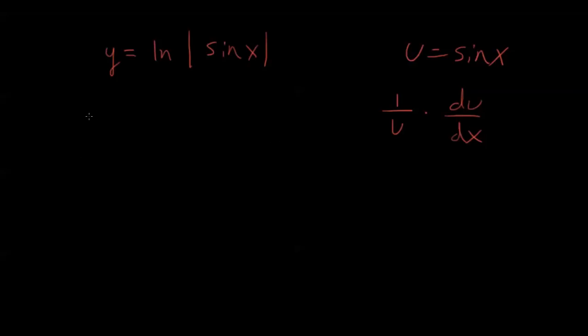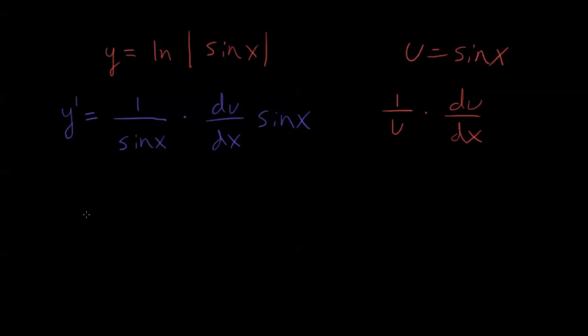We can simply write y prime is equal to 1 over sine of x times du over dx of the sine of x. We can get rid of the absolute value signs because the derivative is the same whether it's the absolute value or not.